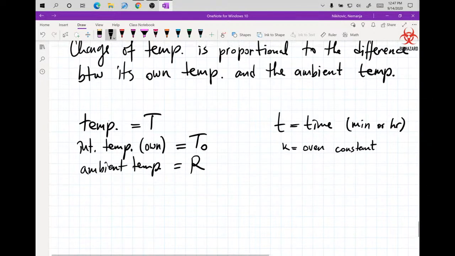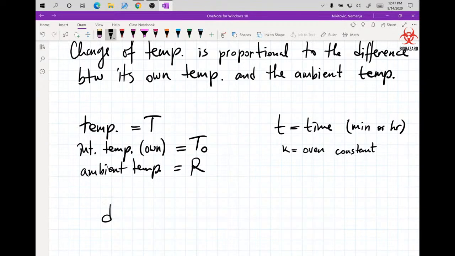All right, so now the change in temperature divided by dt, right? Because that's the change in temperature in time, is proportional. That's going to be this k, which eventually will work out to be the oven constant. The difference between its own temperature minus the temperature of the oven.